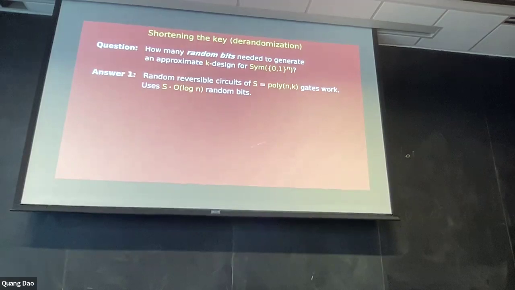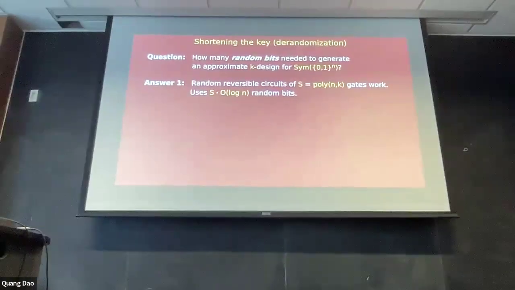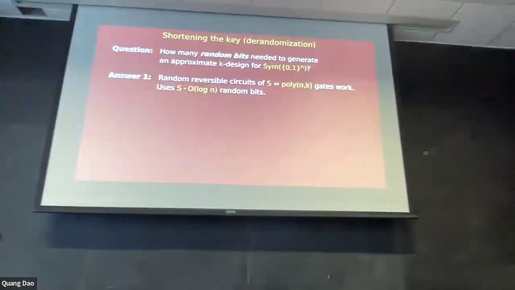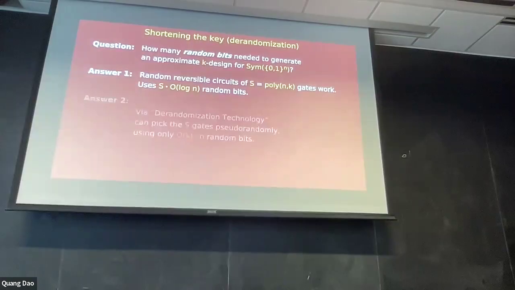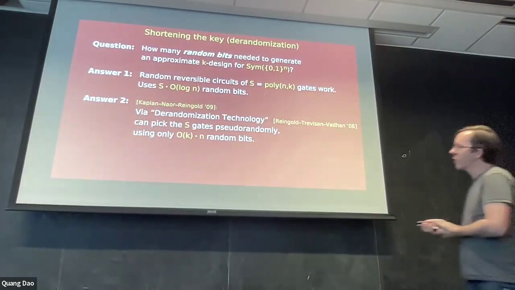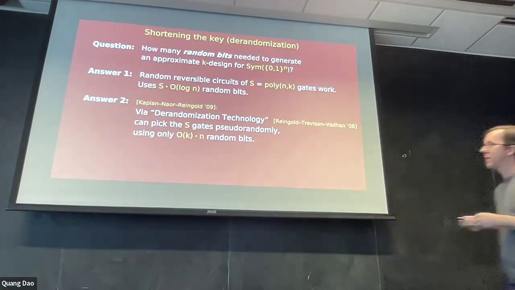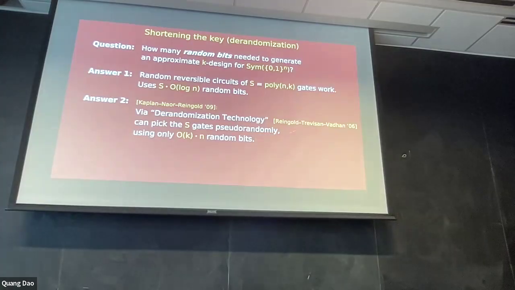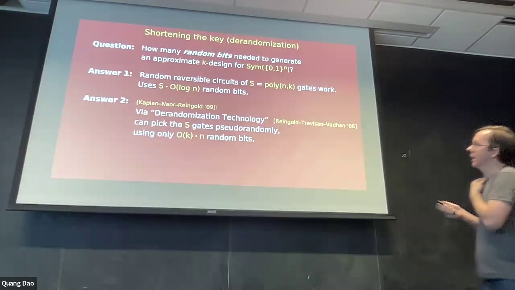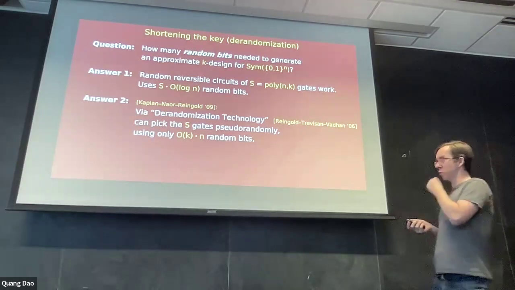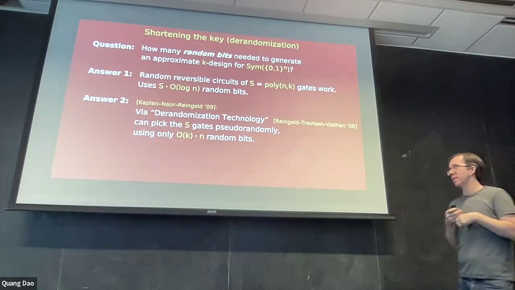So what I told you before is, if you make a random circuit with S gates, that takes S times log n random bits. But there's all sorts of work in the computer science literature on de-randomization, lots of de-randomization technology. Coming out of the SL equals L work, there's this de-randomized squaring work. Way back, Kaplan, Naor, and Reingold showed that to get these approximate k-wise independence results, you don't have to pick the S gates totally at random.